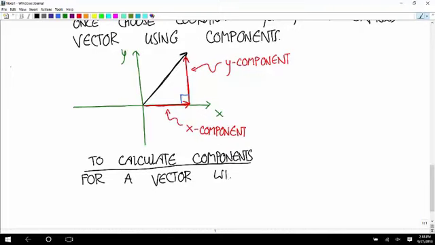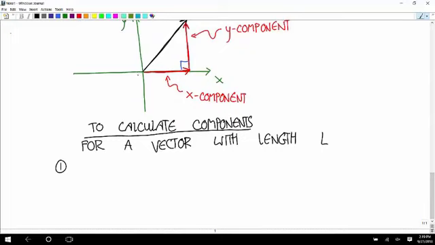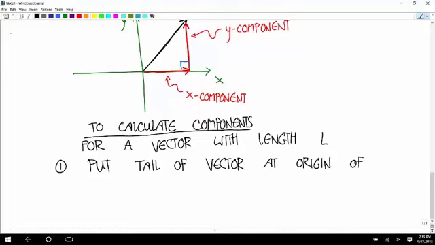For a vector with a length L, capital L, the first thing you need to do is put the tail of the vector at the origin of the coordinate system, where the x and y axes meet. I'm going to talk about coordinate systems a lot, so I'm going to start abbreviating it just CS. Whenever I write CS, that's what I'm talking about.